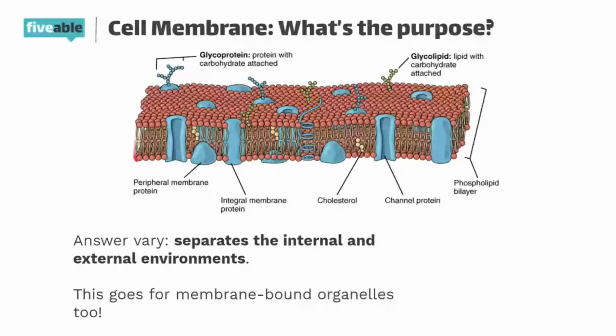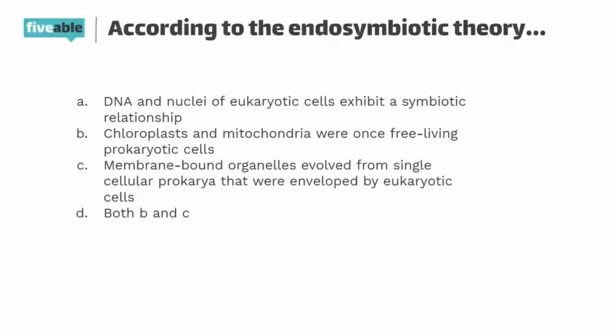Okay, this is not a poll because it was too long. You can see my answers here wouldn't have worked out on a poll. If we think of the endosymbiotic theory, which I previewed a couple slides before, I'll give you a second to read that. A, DNA and nuclei of eukaryotic cells exhibit a symbiotic relationship.